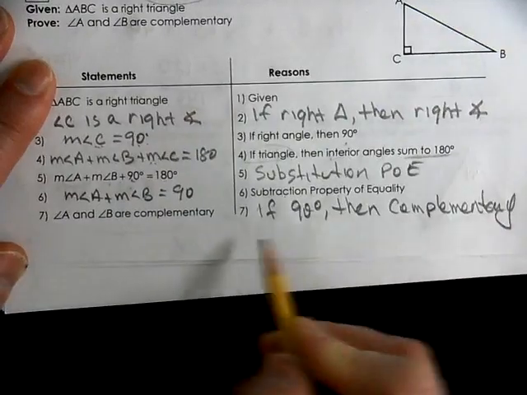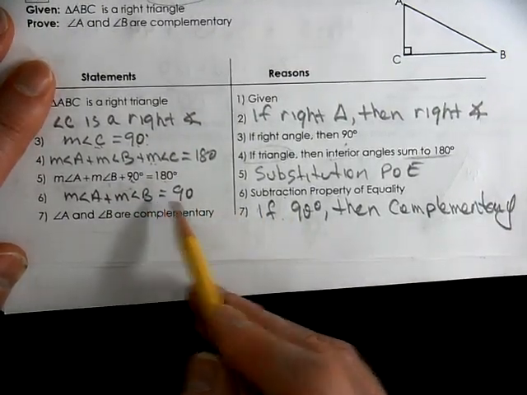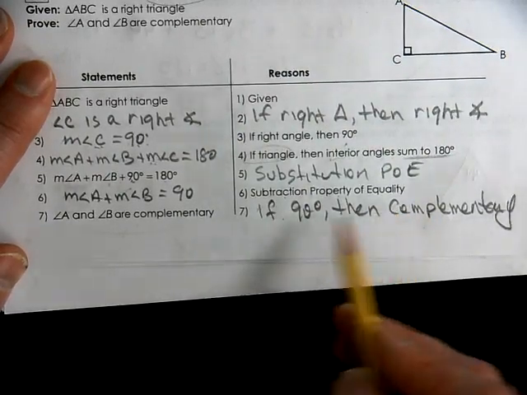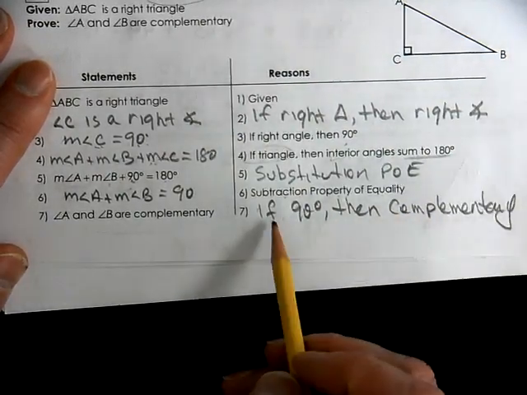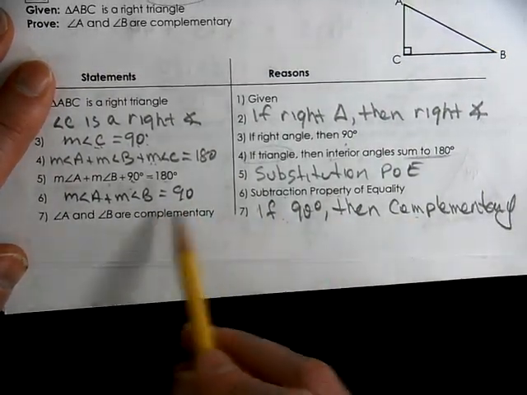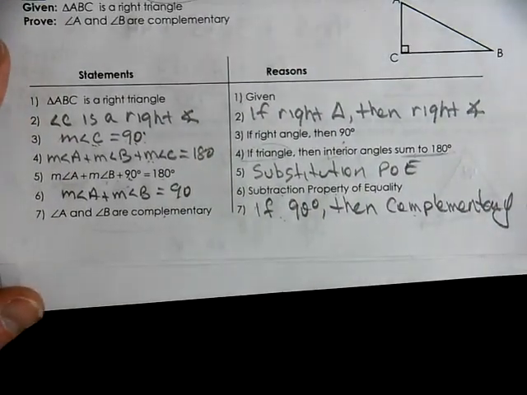It'd be even better if you would say if two angles have a sum of 90, then they are complementary. That would be great. This would be like the smallest possible. If you have 90, then you have complementary.